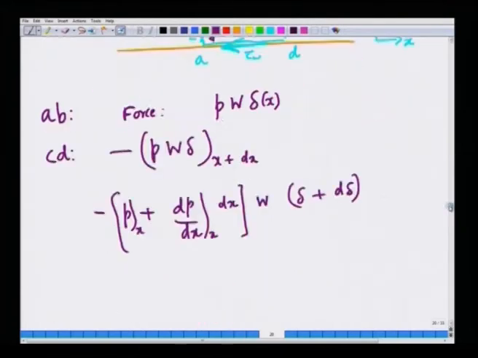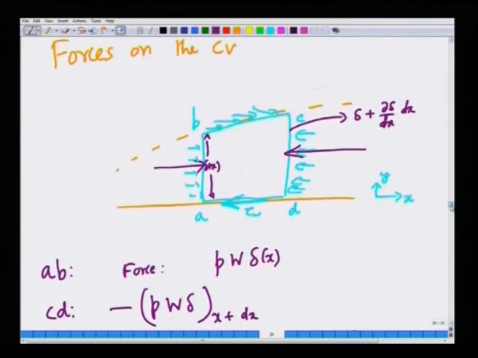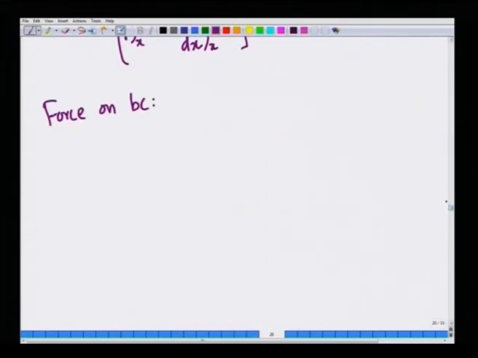Now, we have to worry about the force on the face BC, the curved surface at the top of the edge of the boundary layer, and that is only pressure force. What we will do is take the average of the pressure here and the pressure here. Let us assume that to be the pressure, and we have to multiply it by the projected area, because it is a curved surface. So, we multiply it by the area projected on the x direction, and it will be in the plus direction, because the pressure is acting along the x direction.